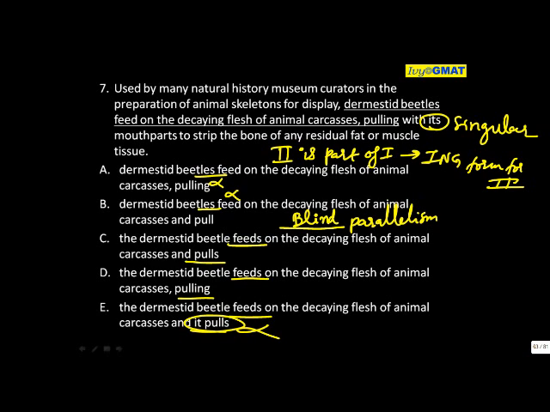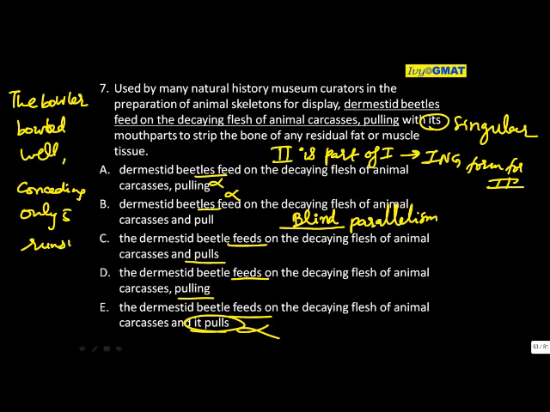For example, I'll give you another example, just understand. Suppose I say the bowler bowled well, conceding only 5 runs in 6 overs. Or should I say and conceded? What should I say?